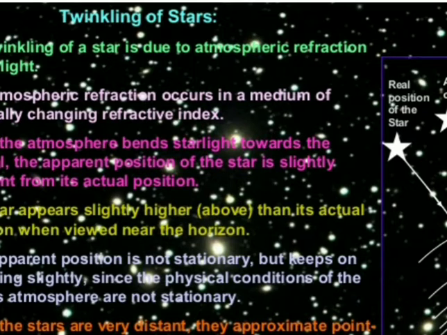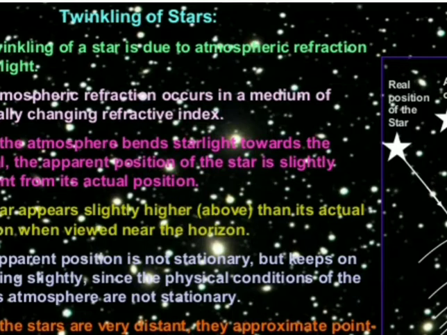Okay, you know that the sun is also a type of star. Whenever light starts from a star, it has to cross many different layers of the atmosphere. Sometimes the layer is denser, sometimes the layer is rare, isn't it?